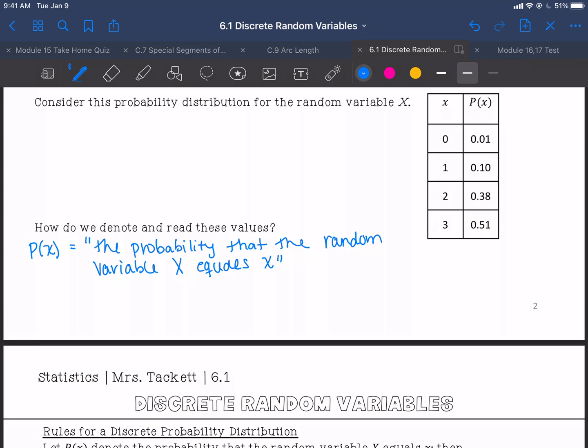So notation wise, you may see this written as the probability that lowercase x equals 0 is 0.01. The probability that lowercase x is equal to 3 is 0.51. So the probability that the random variable x equals 3 is 0.51.